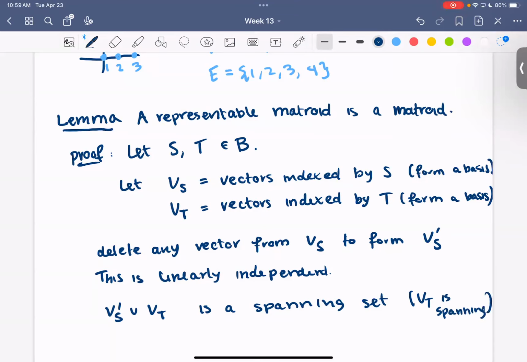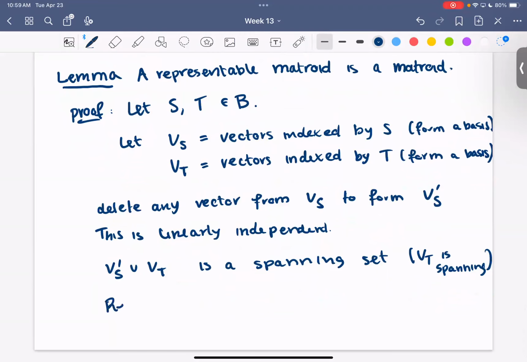And then we can reduce a spanning set to a basis by looking at the vectors one by one and tossing out anything that is dependent on the previous vectors. So reduce this to a basis. In this process, you'll never toss out anything that's in VS prime because VS prime is already linearly independent. So you would get all the way through VS prime without deleting anything. Then you start checking the VTs to see which ones are already dependent on the previous.